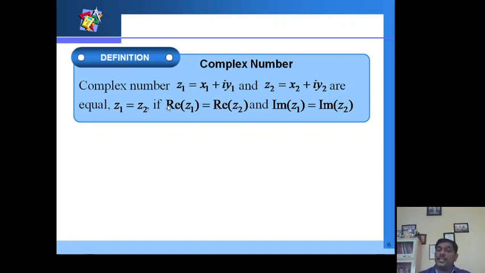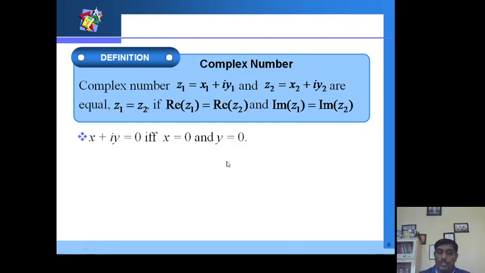Then only we say that the two complex numbers are equal. Also, x plus iy is equal to 0 if and only if both real and imaginary parts are equal to 0. In this case, x must be 0 as well as y is also 0.